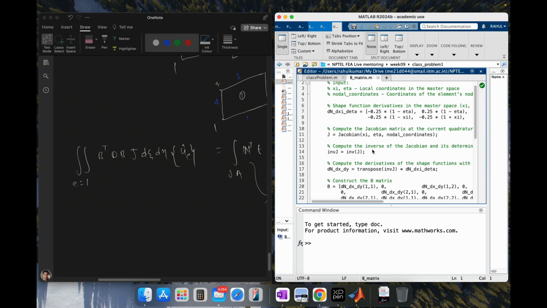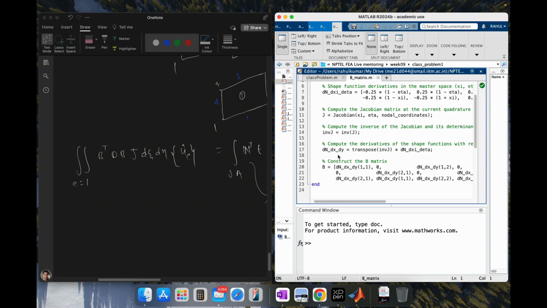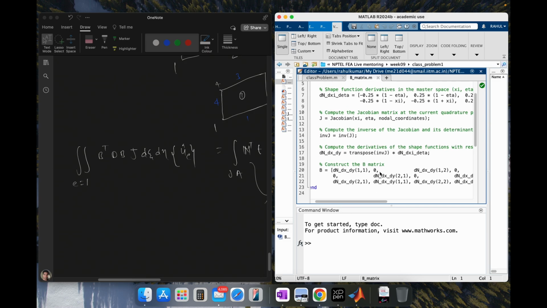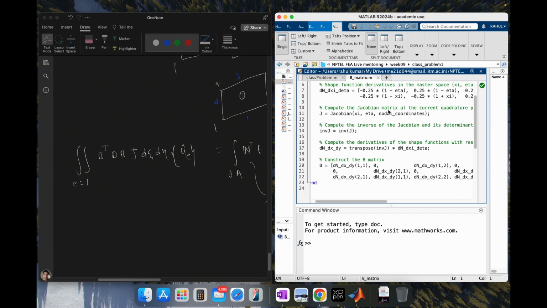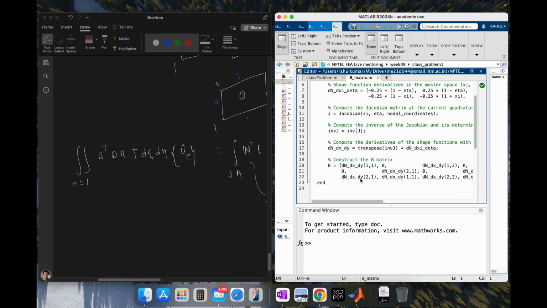After the multiplication with the Jacobian, it becomes a function of x and y, which means that this is nothing but del N by del x and del N by del y. So automatically we can use this. After multiplying this matrix with J, we will take the corresponding indices to construct a B matrix.